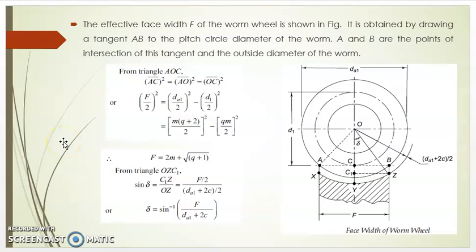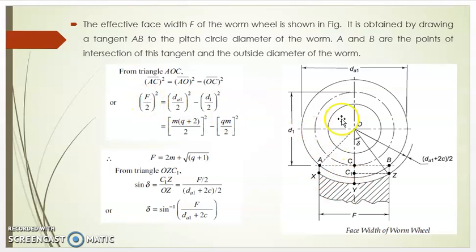A and B are the points of intersection of this tangent and the outside diameter of the worm. Where this tangent line AB intersects the outside diameter of the worm, this is point A, this is point B.